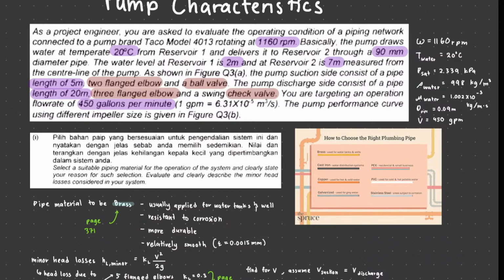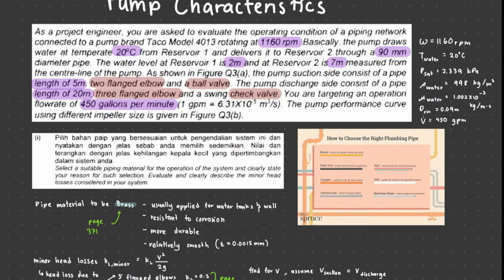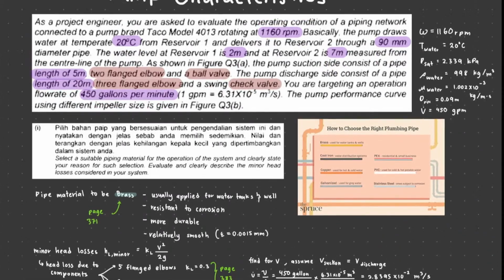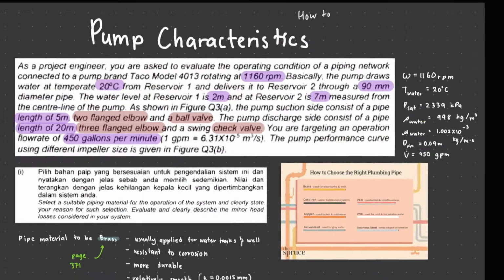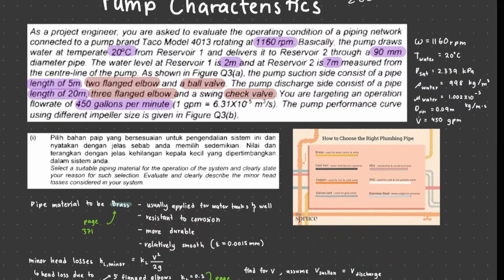Okay. So if you guys want further explanation of the golf ball, you can watch the video. I learned from that video. Okay, so now this is a question from past year 2021.